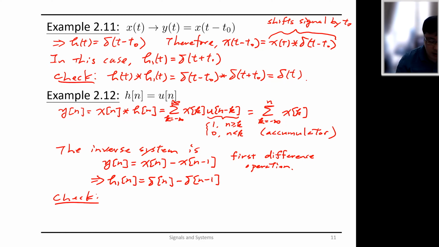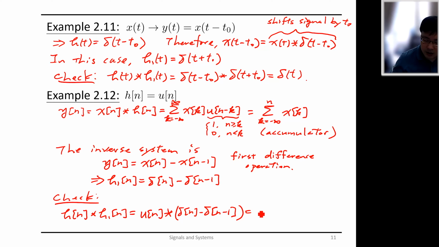So you can check, if you take the convolution between h and h1, where h is u[n], and h1 is delta[n] minus delta[n minus 1].